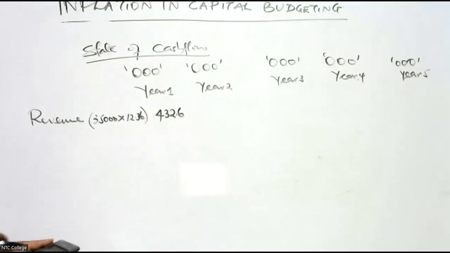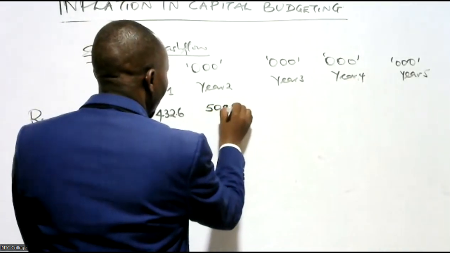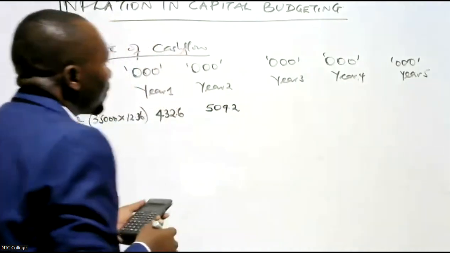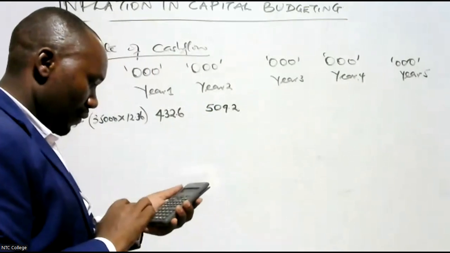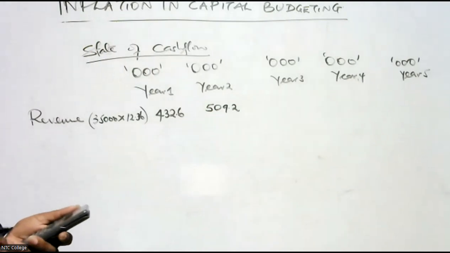Year two, what are the revenues? We have quantity which is 40 times the price, which was 12.73. Year three, 50 times 13.11.